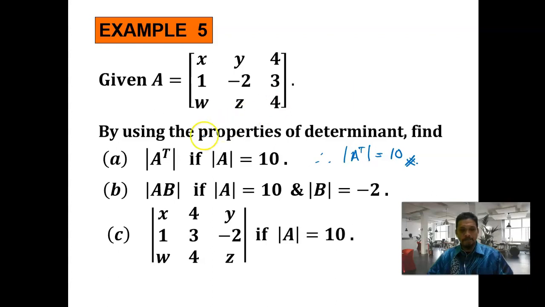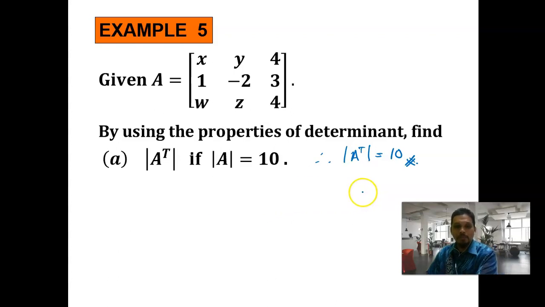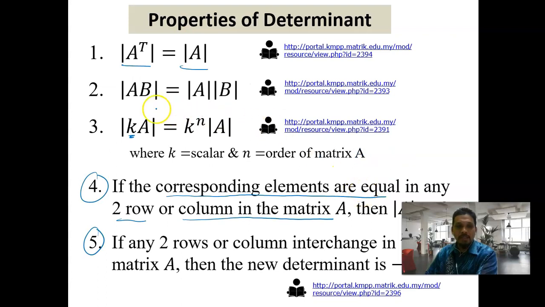Then next, find the determinant of AB if the determinant of A equal to 10 and the determinant of B equal to negative 2. So let's see again.